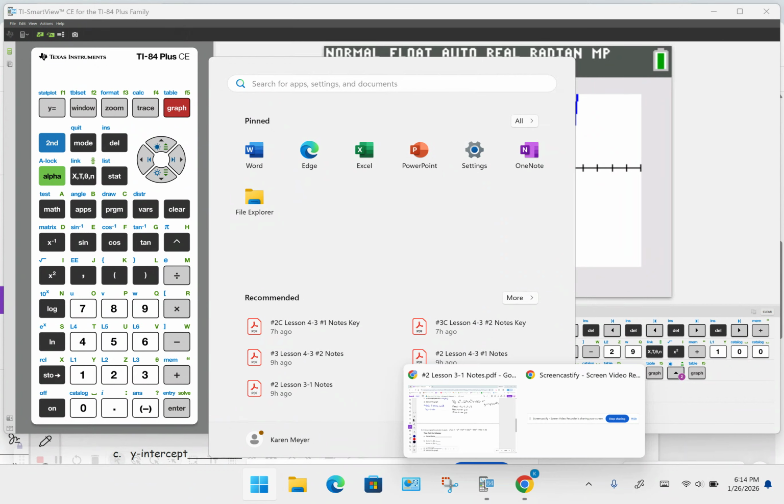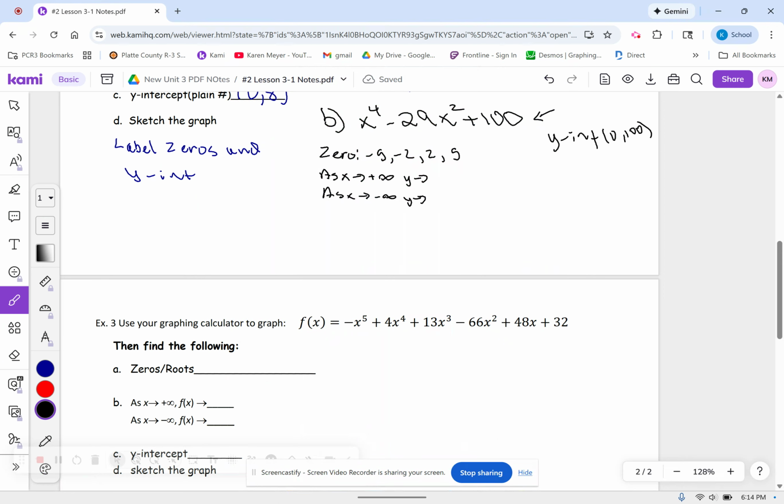So then I would say my end behavior is positive infinity. And then when I sketch my graph, I would have -5, -2, +2, +5, 100, and it's going up on both sides. So up, up. It's really sketchy, but it kind of looks like a W, and you're done.